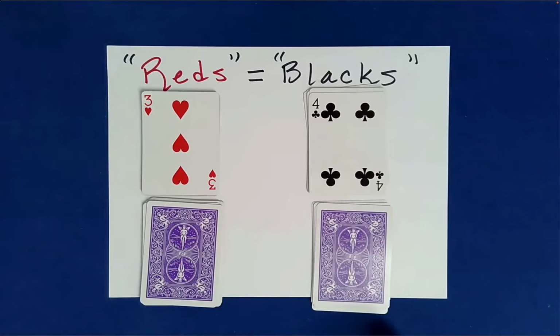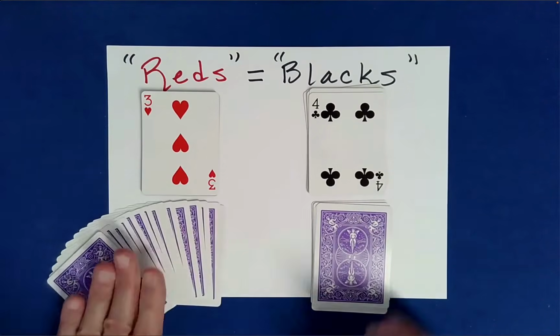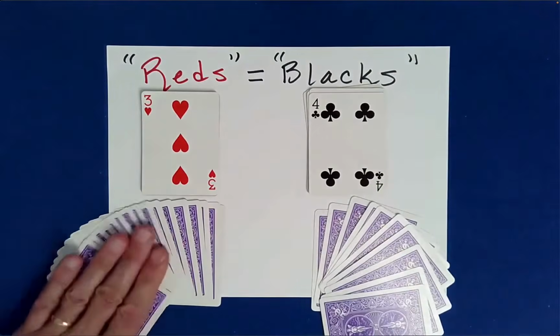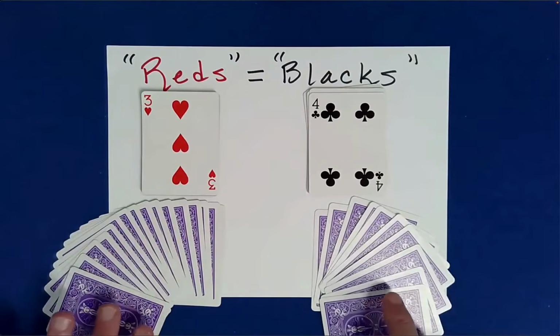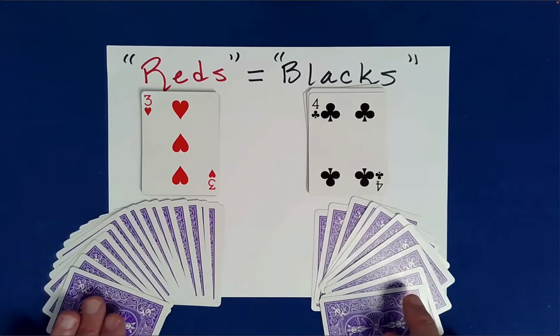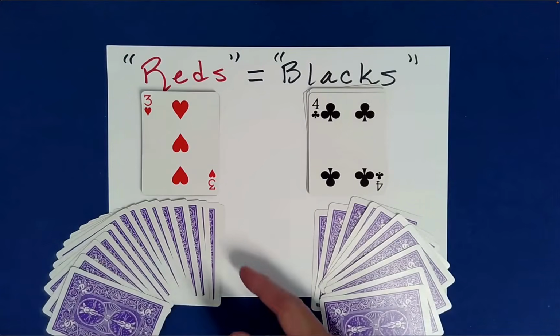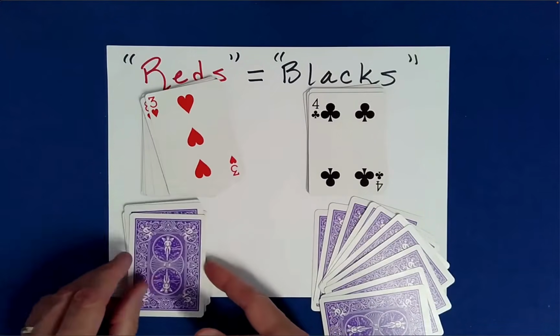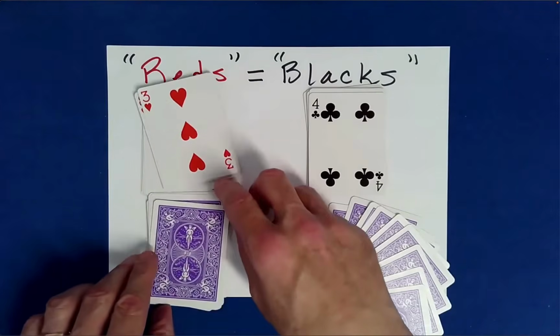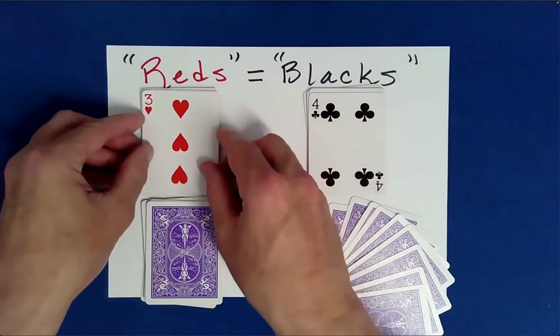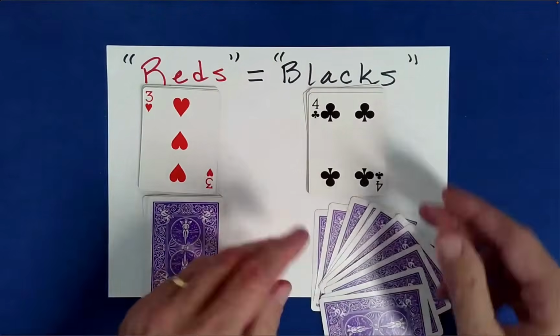There'll be the same number of red in one pile versus black in the other. But the fact is, there's different numbers of cards in these two piles. We have more cards here than we have here. That will not allow us to use that principle. That principle simply will not apply.